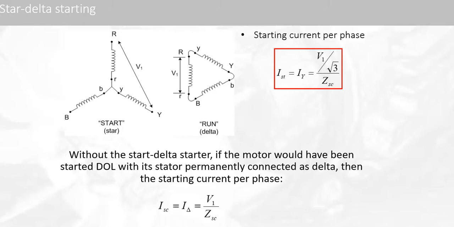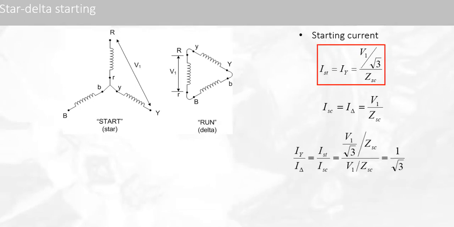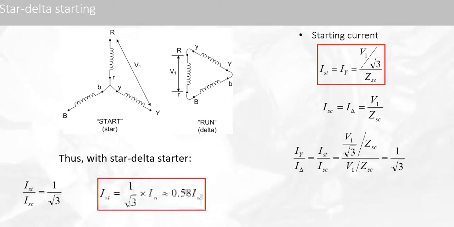Now I convert this delta into a star, automatically my starting current is reduced by 1 by root 3. So the reduced current is equal to 1 by root 3 times, which is equal to 0.58 into ISC. So automatically around 42% of the normal current is reduced whenever we go for star delta starter.